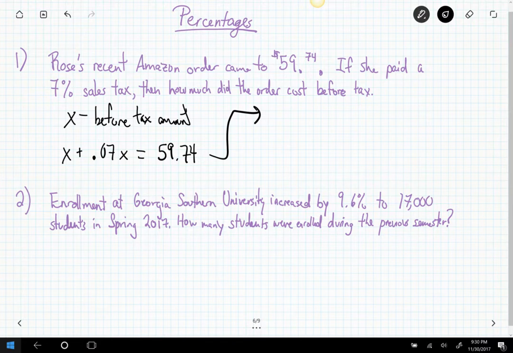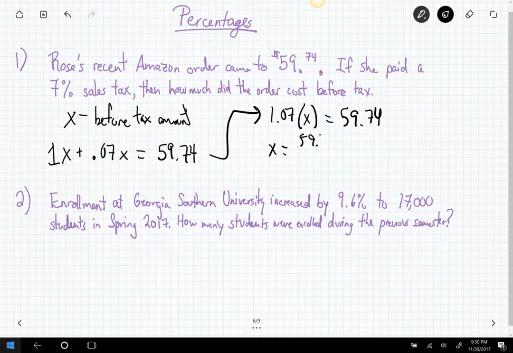Right? So on top of this, what happens? Well, notice you actually have 1X. You always take 1.07 times X equals 59.74. So the way to solve for X is just divide both sides by 1.07.